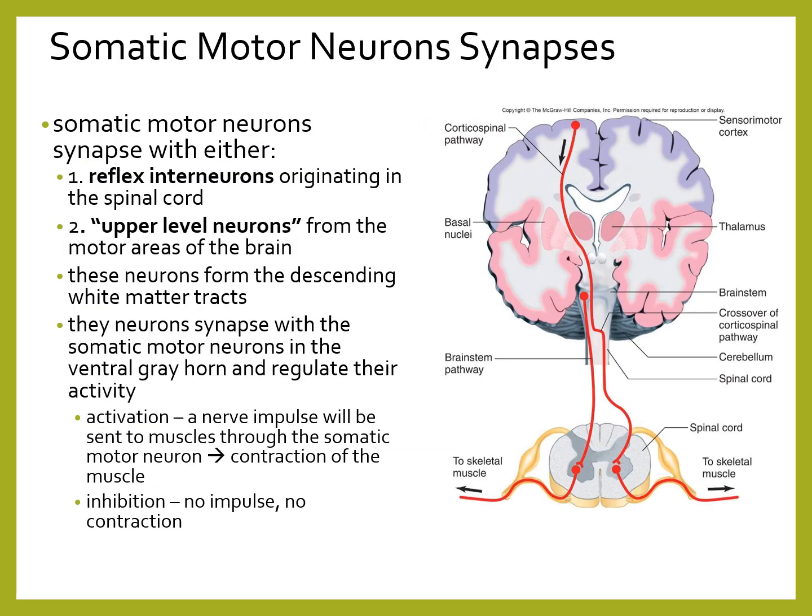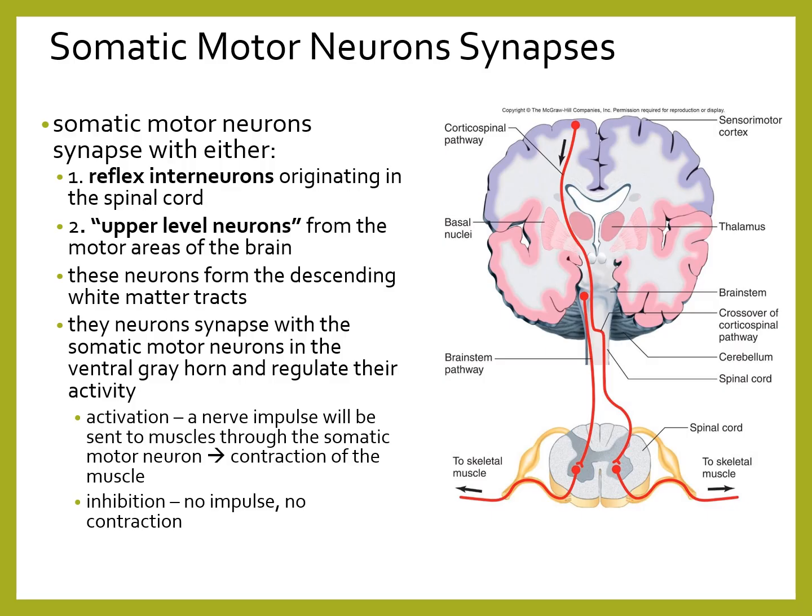So our somatic motor neurons are going to synapse either with what I call reflex interneurons. These are going to be small neurons that are found in the spinal cord. Or they will synapse with upper level neurons that are going to come from motor areas of the brain. Now these upper level neurons are going to descend into the brainstem and synapse with the somatic motor neurons, which are going to form the cranial nerves.